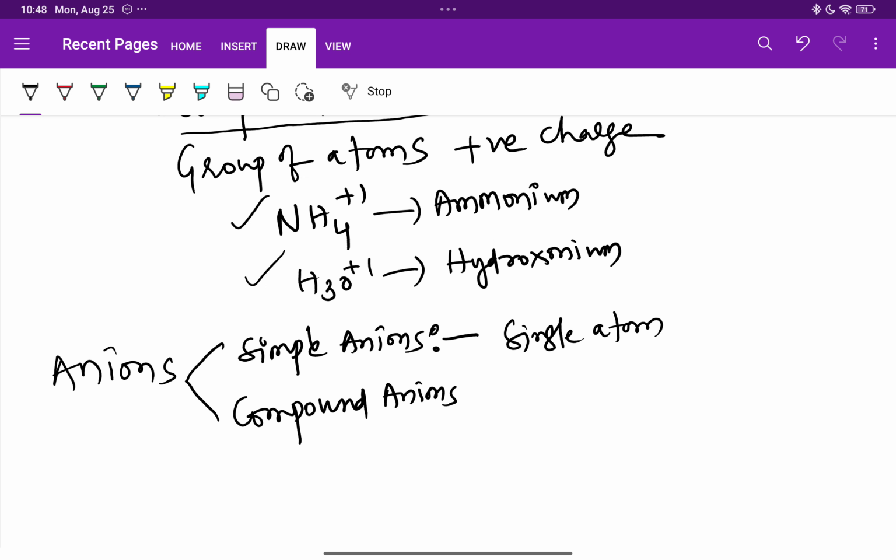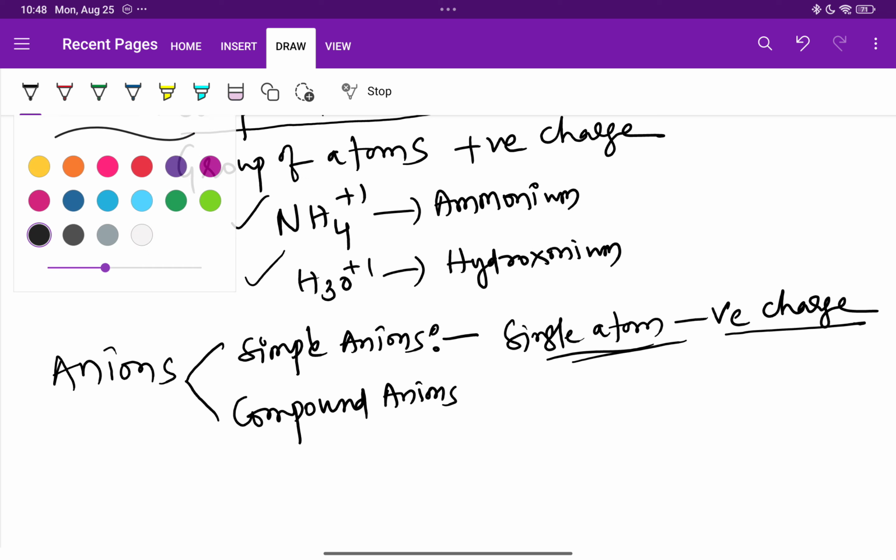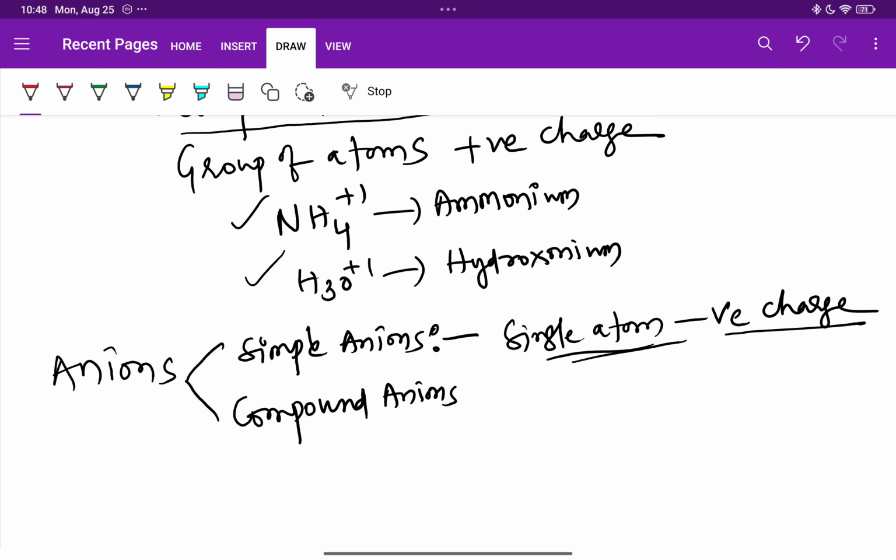Example, F-1, O-2, N-3. So on the single atom we are getting minus 1, minus 2, minus 3 charges. So single atom with minus charge is called a simple anion.